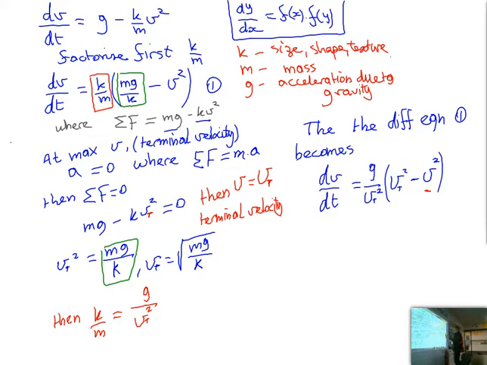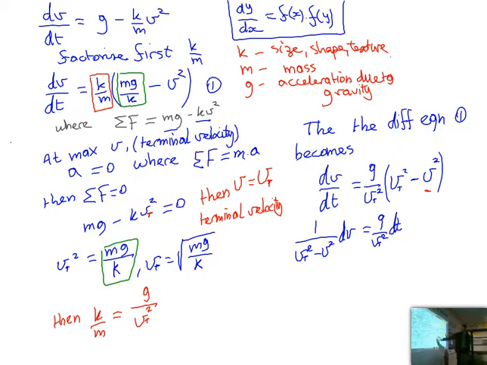So divide by the bracket, and we get 1 over terminal velocity squared minus velocity squared dv equals, and then to have the variable t on the right-hand side, we're going to multiply by dt. We'll have g on terminal velocity squared dt. Okay?